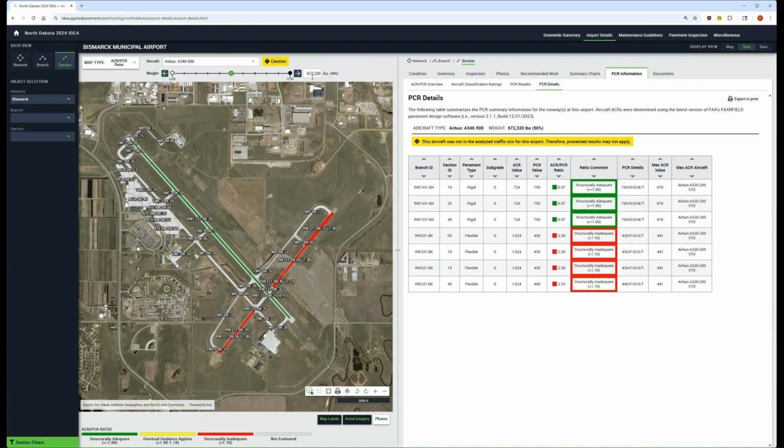If we were to drop that to 672,000 pounds incrementally, or you can even type in your own number here, 670,000 pounds, you can see that it is structurally adequate at this reduced weight fuel load.